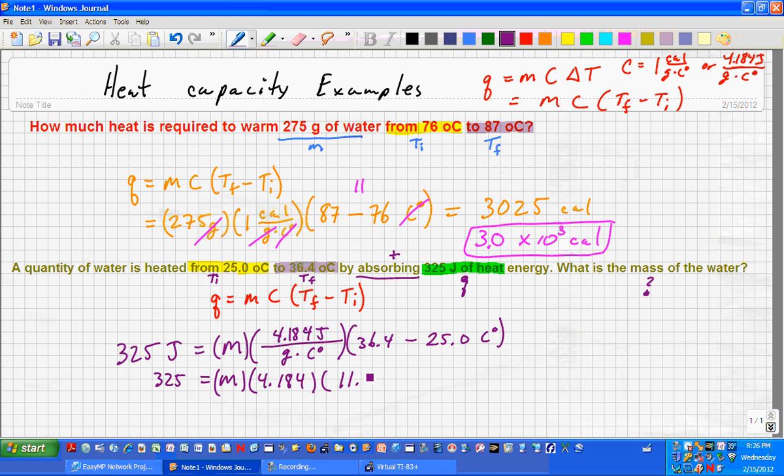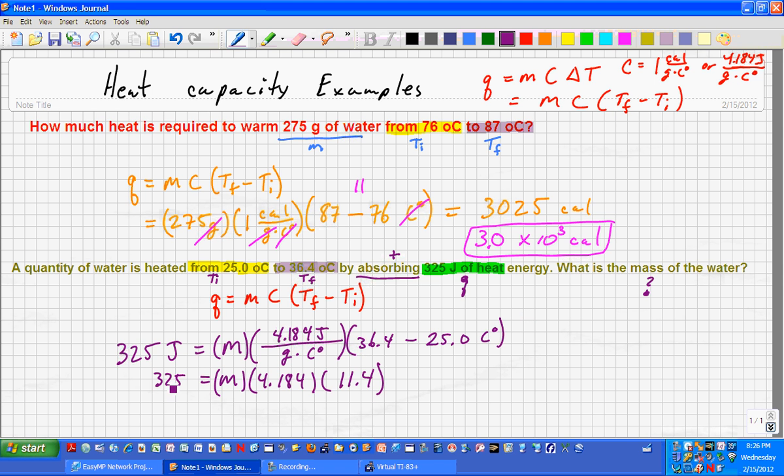Okay, so 11.4. As far as my sig figs go, this should be to the 10th place. It is. When I subtract or add, I count the number of decimal places. Here's the 10th place, here's the 10th place, so I need to go to the 10th place here.